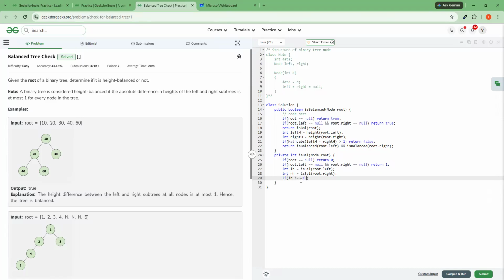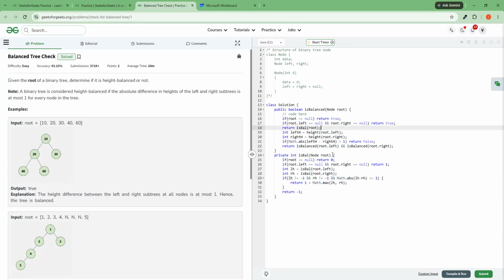I am going to depict violations with the value -1. If right height is also not equal to -1, and the absolute difference of left height minus right height is less than or equal to 1, it means I am good here. If I am good, I will return 1 plus the maximum of left height and right height, that we have calculated till now. If this violates the condition, then we just return -1 so that it will trace the -1 and it will return false.